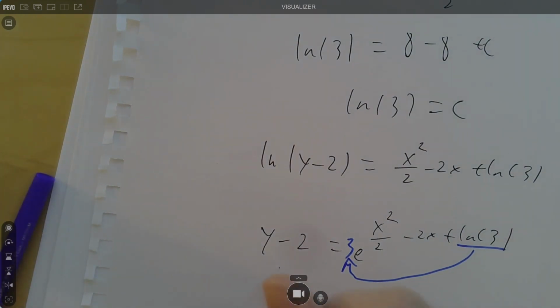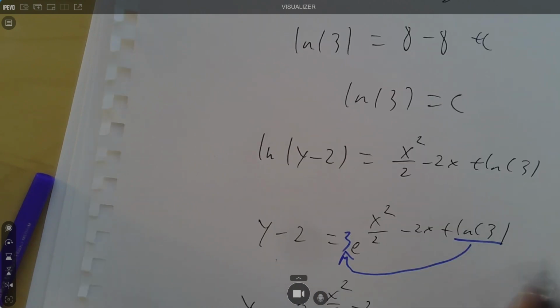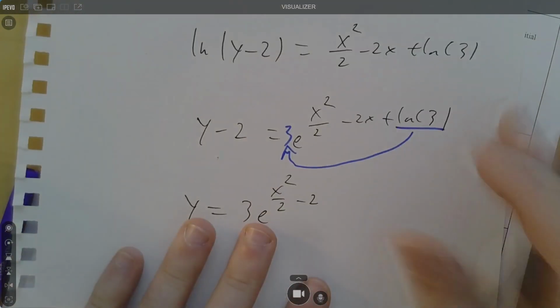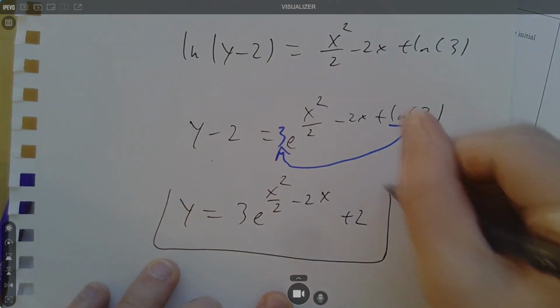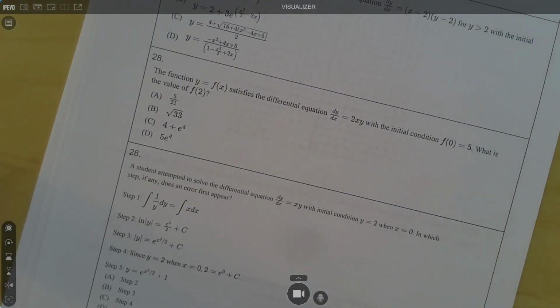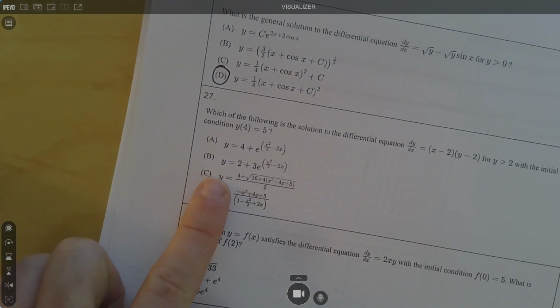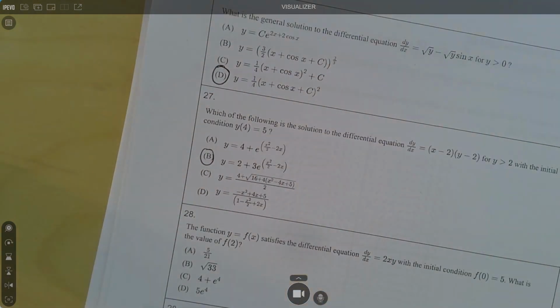So you get y equals 3e to the x squared over 2 minus 2x plus 2. Yeah, that'll be B.